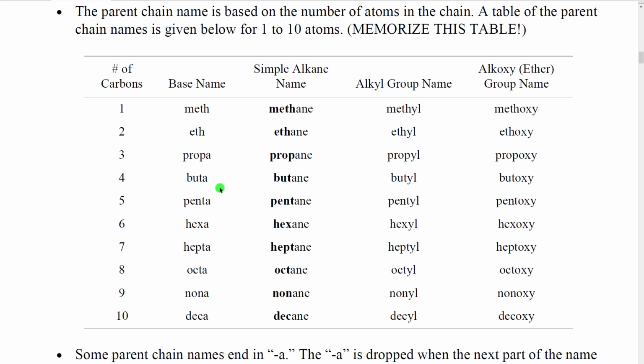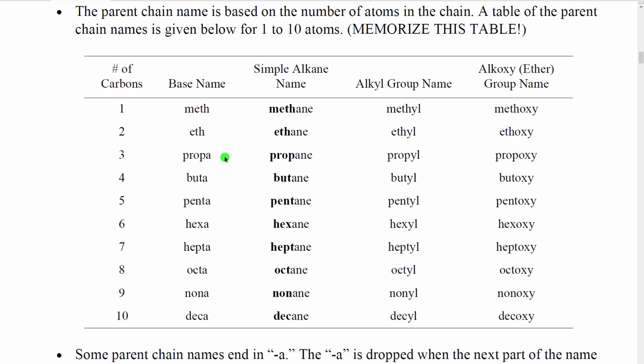But after that, you can see that the 5, 6, 7 are based on Greek or Roman prefixes that indicate these numbers. So pent, hex, hept, oct. These are probably prefixes that you've heard before in other contexts.